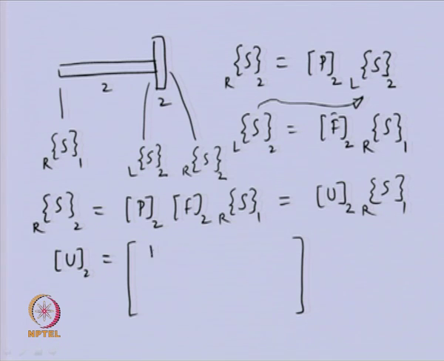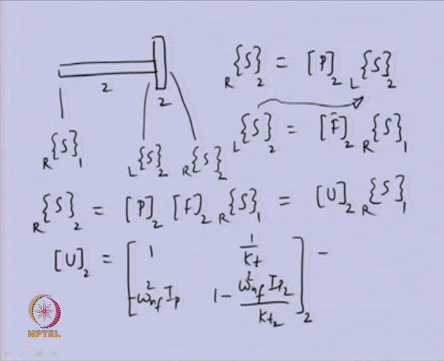If we multiply P 2 into F 2, we will get K T, with the subscript 2 outside, and the last term I P 2 and K T 2.